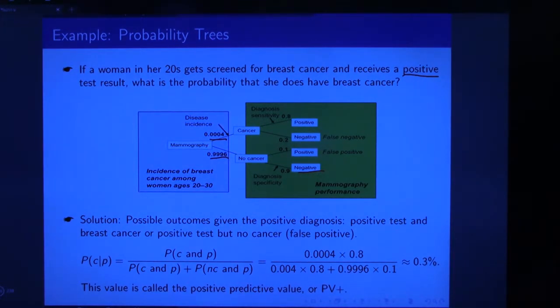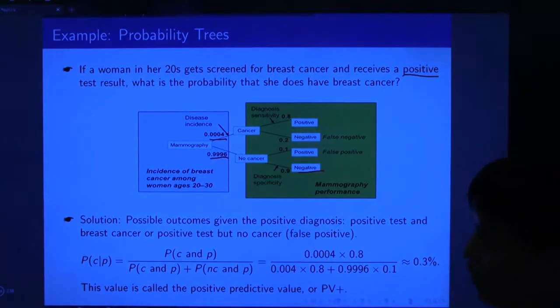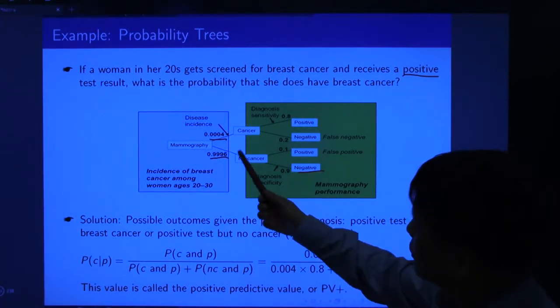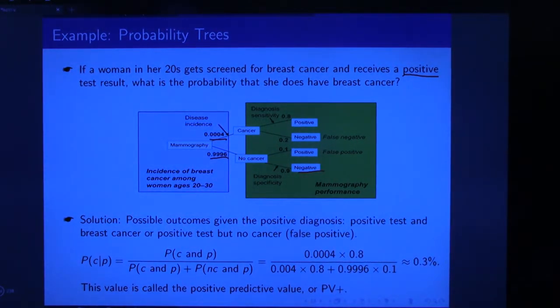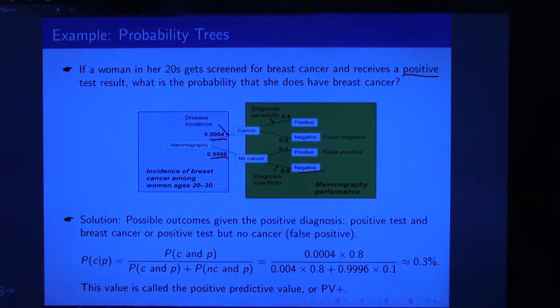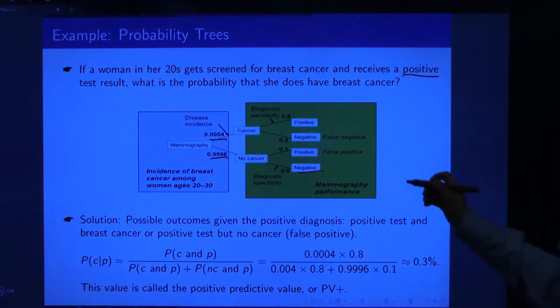Based on these probabilities, of all the people between 20 and 30s, only 0.0004 have cancer, and the other 99.96% don't have cancer. And among those who have cancer, 80% will say positive. That means this is correct.